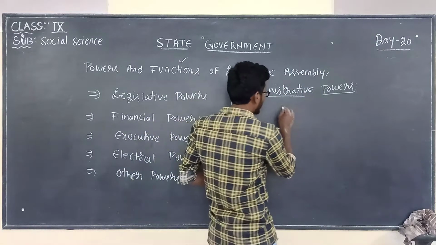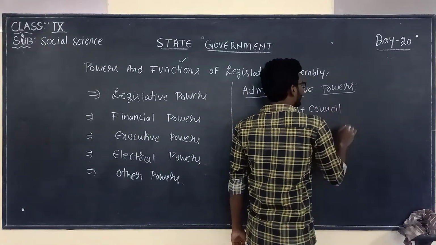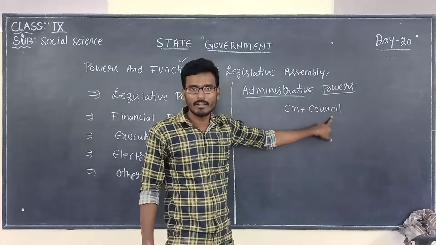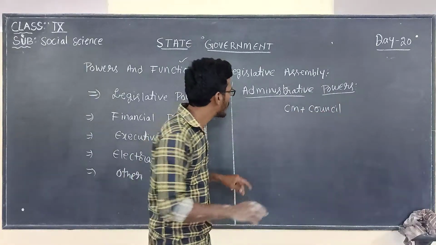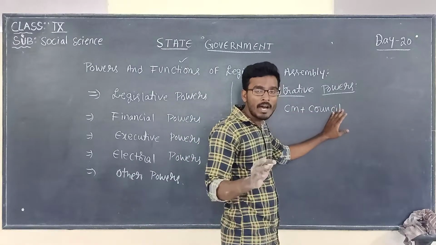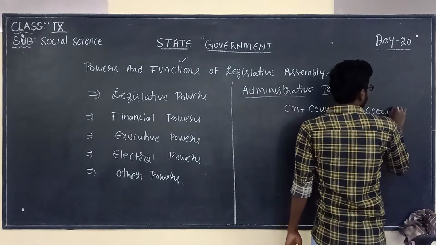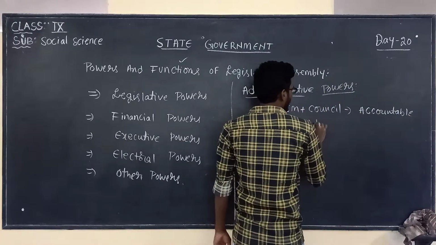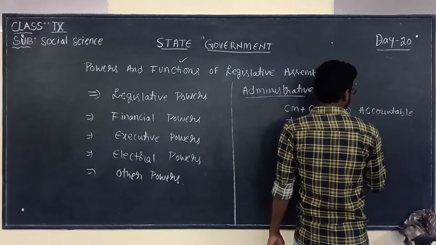Here let us take the chief minister plus his council. Union government means the prime minister and cabinet. State government means the chief minister plus his council. Both the chief minister and his council of ministers are accountable towards the legislative assembly.